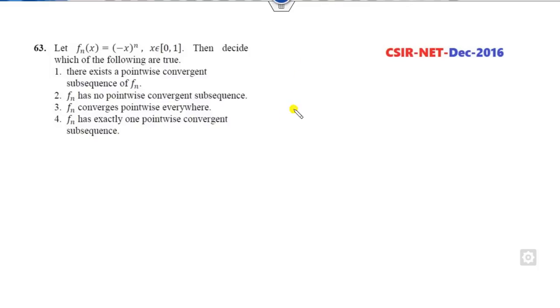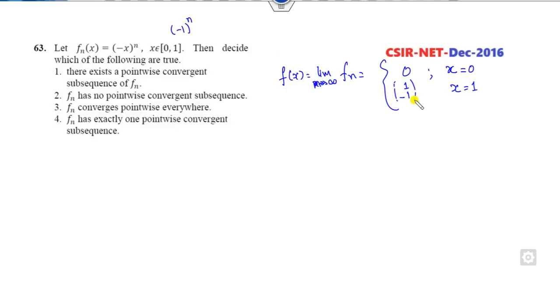Okay, look at this option. Fn is pointwise convergent. So we will first look at the pointwise sequence as n approaches infinity on the closed interval 0 comma 1. When x is equal to 0, the answer is 0. When x is equal to 1, it will be (-1) raised to power n, so it will be either plus 1 or minus 1, depending upon whether n is even or odd.